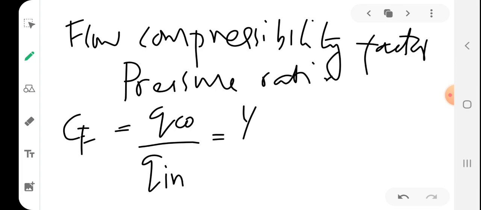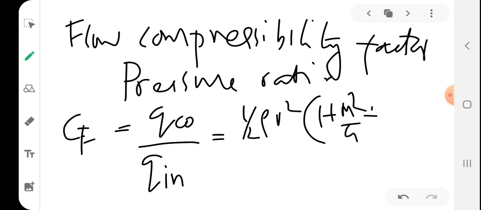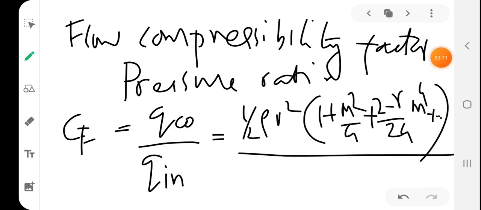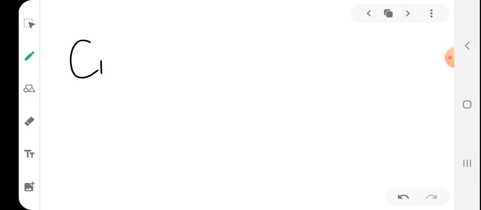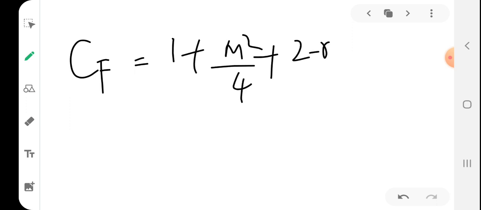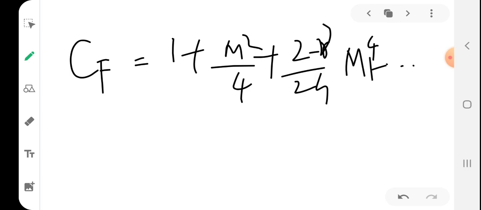So this is nothing but half rho v square into 1 plus Mach square by 4 plus (2 minus gamma) by 24 Mach raised to 4 etc., divided by half rho v square. So this and this cancel. So Cf is nothing but 1 plus Mach square by 4 plus (2 minus gamma) by 24 into Mach raised to 4 etc.